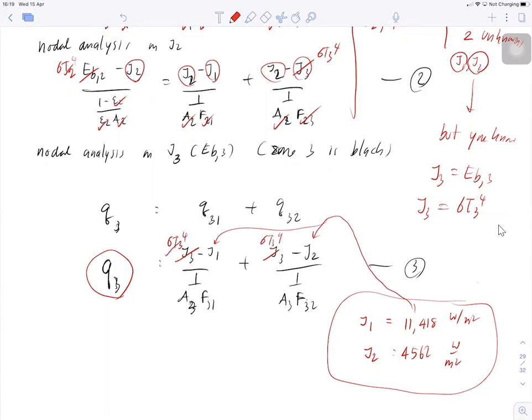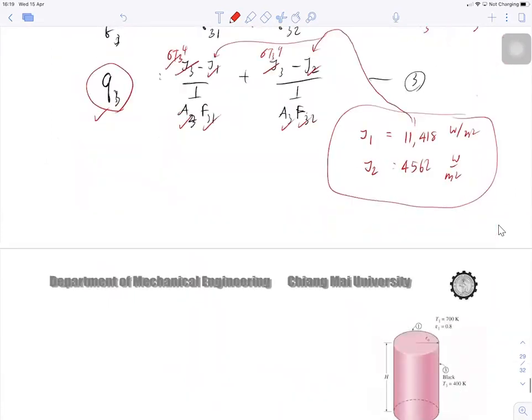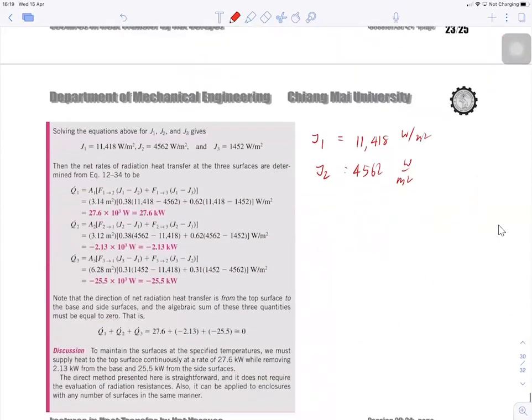So you know this thing. You just plug the number in for Q3, and it happens that Q3 is minus 25.5 kilowatt.